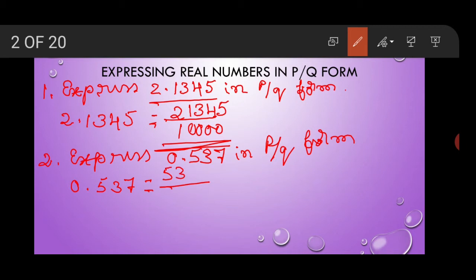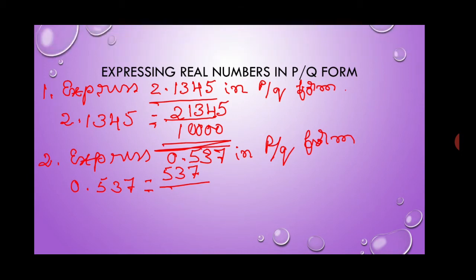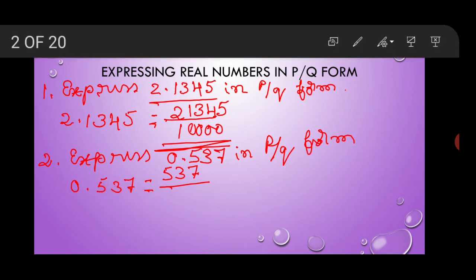It is 537. And how many digits are there after the decimal point? There are totally 3 digits: 1, 2, 3. So write a 3-zero number, 1 followed by 3 zeros, in the denominator. This will be the p by q form of the given real number 0.537, right?